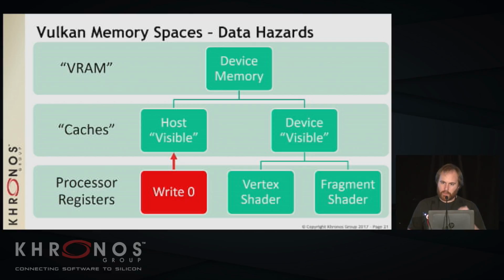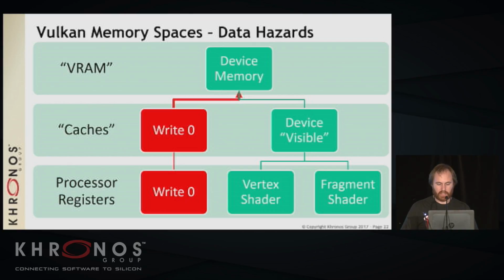That write, at the point you do that, will exist in the processor register on the CPU, whatever the host CPU model is. If it's C++11, it's that, wherever that may be. In order to get it to this host visible stage, you have to use either the vkFlushMappedMemoryRanges command or the coherent bit. So you'll note that as I'm passing this down, there is a slightly thicker arrow line with an arrow on the top of it. That indicates the direction that it's going to be pushed.